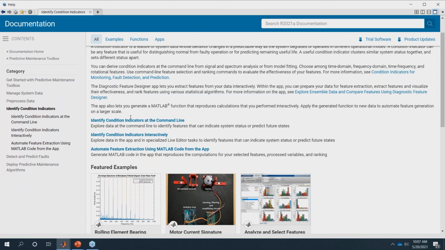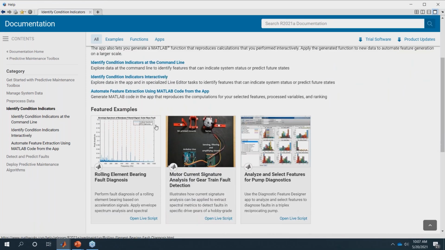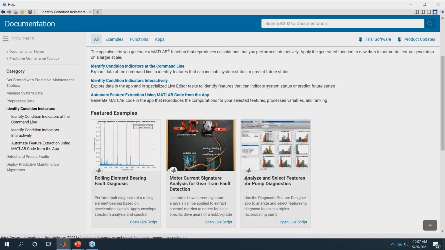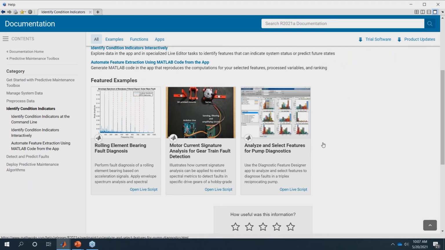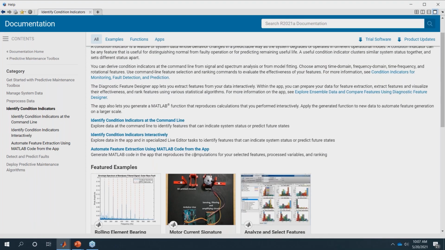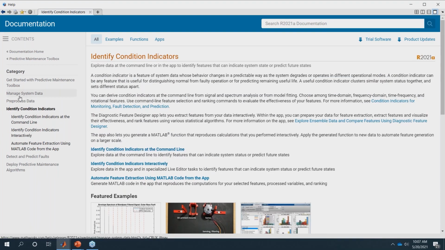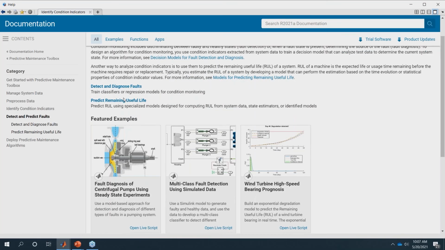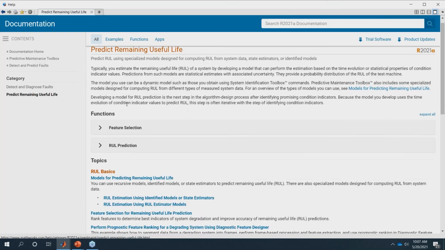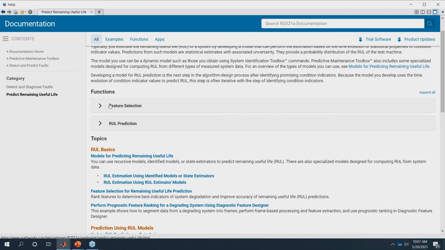So knowing a bit about feature design can be helpful. There are some tools in here to help with that process. Something called the Diagnostic Feature Designer can really help with the creation and exploration of those features. And then, once you have that, the modeling part of it is fairly straightforward.